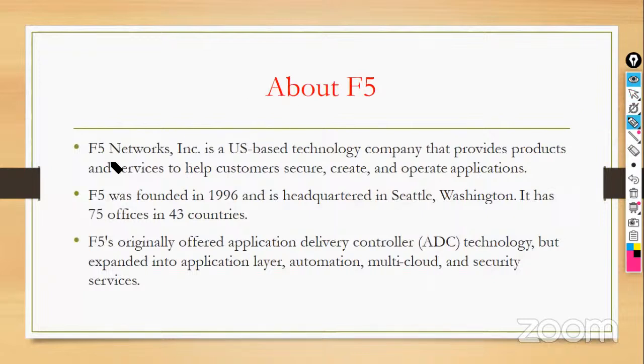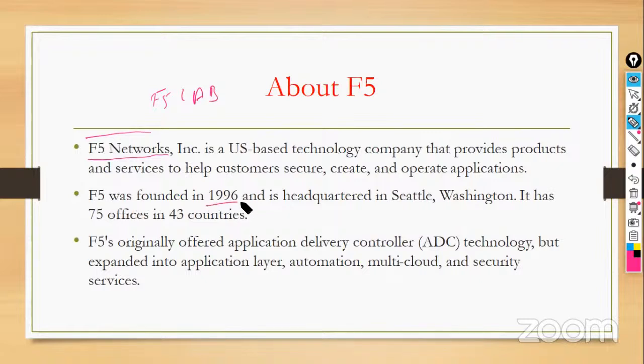So F5 Networks. This is the company name. It's a US-based technology company that provides products and services and helps customers to secure and operate applications. Right now the company name is F5 Networks, but earlier it was F5 Labs.